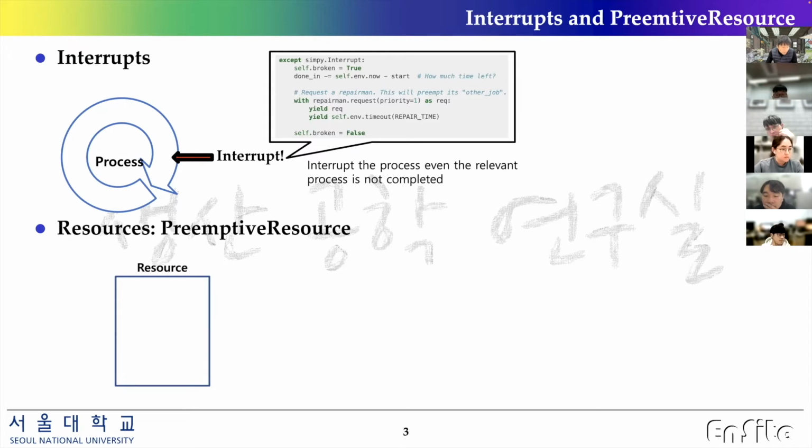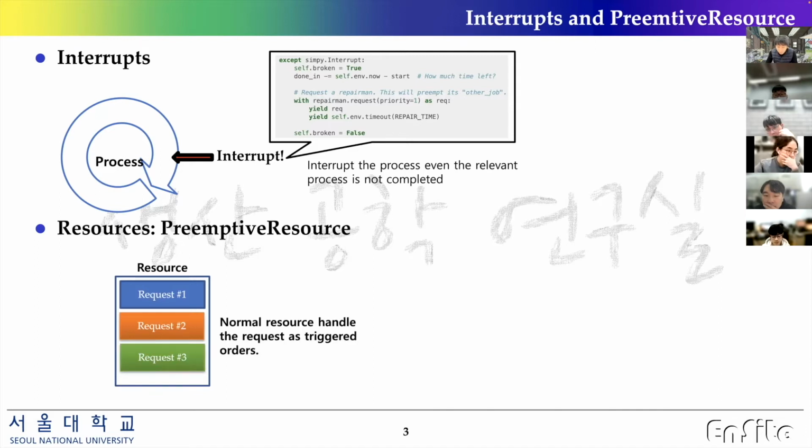It can be done like this. A normal resource handles requests in triggering order, so there is no priority. The requested events are treated sequentially in the order of generation.